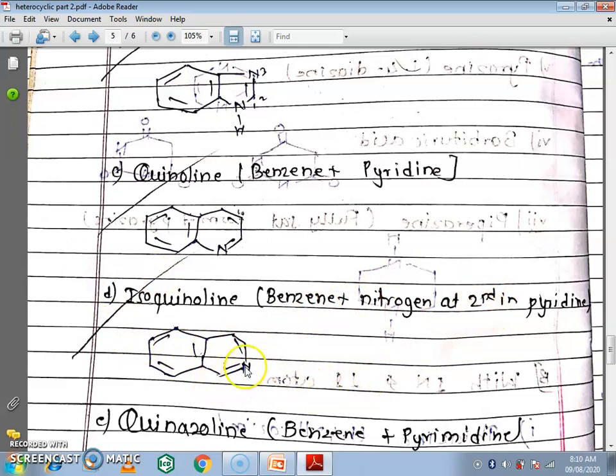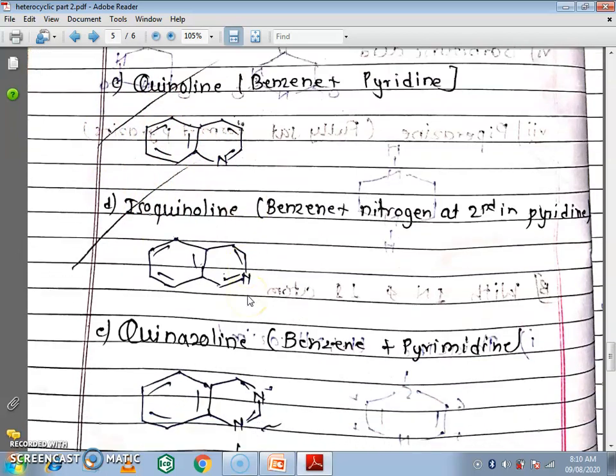The numbering is 1, 2, 3, 4, 5, 6, 7, 8, 9, 10. Since the nitrogen is at the second position, it is called isoquinoline. If the nitrogen is at the first position, it is called quinoline. That is the difference between quinoline and isoquinoline.